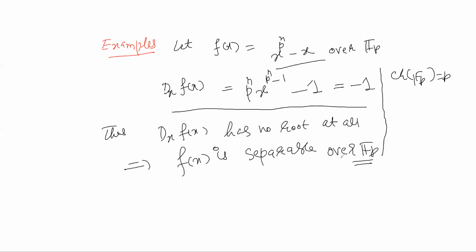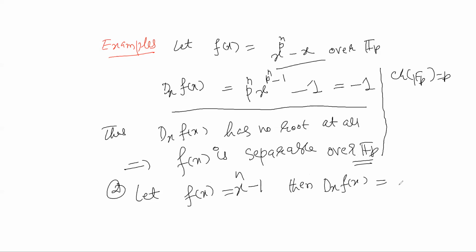Okay, again let us see some more examples. Now you take this polynomial, let f(x) equals x raised to power n minus 1. Okay, then what is its derivative? d/dx f(x) is n x raised to the power n minus 1.